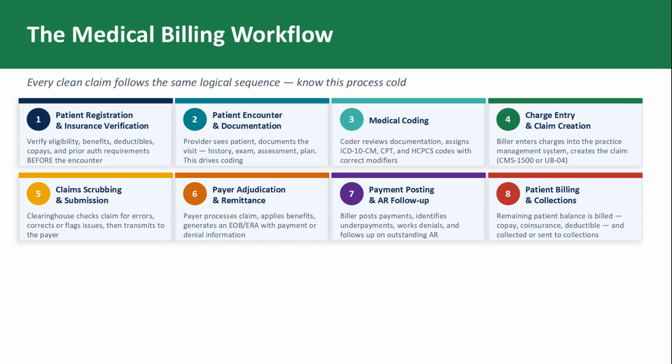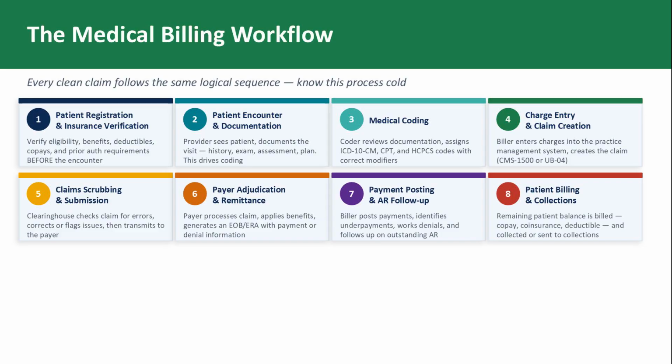The front desk or billing staff verifies that the patient's insurance is active, checks benefits, confirms whether the visit requires prior authorization, and captures any deductible or copay information. If you skip this step and see a patient whose insurance is inactive, you may end up with an uncollectible claim.